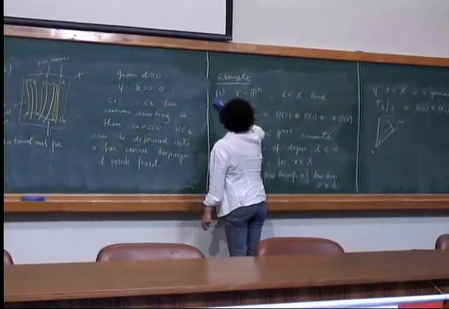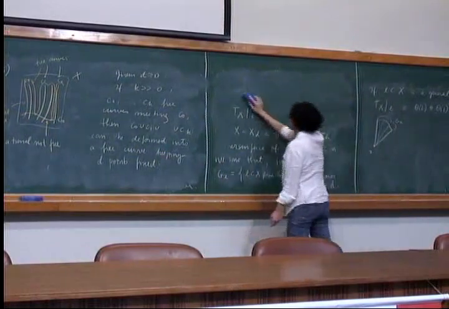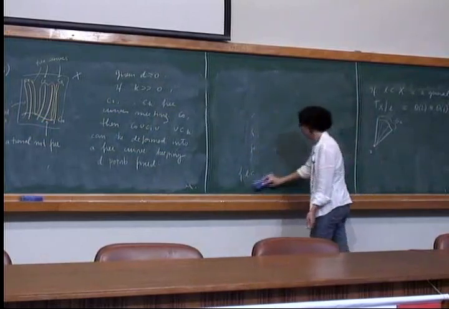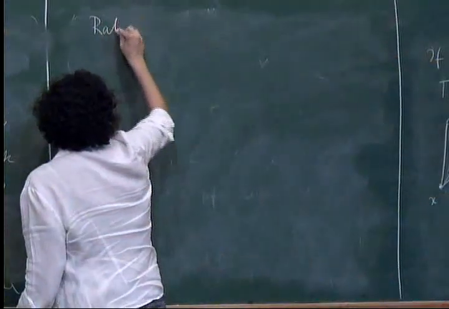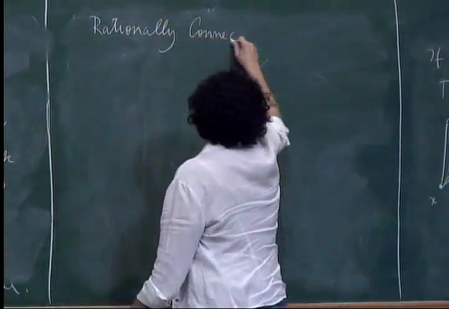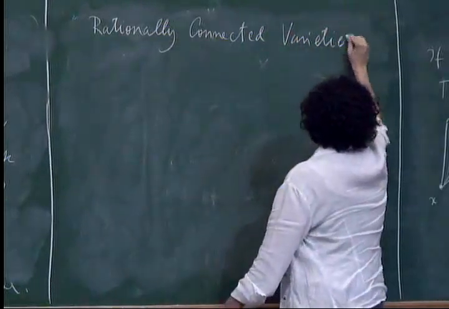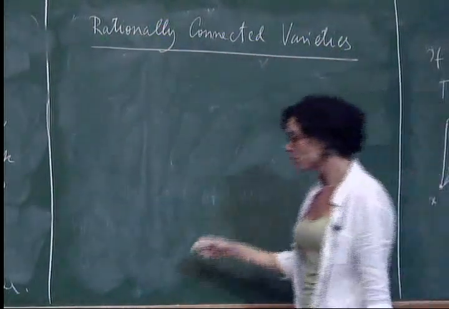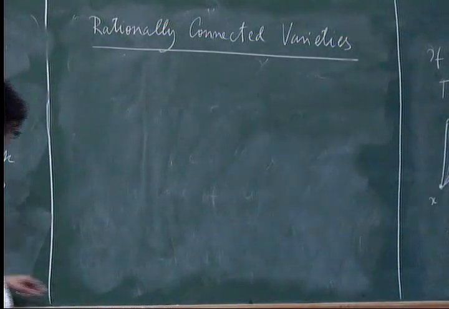Okay, so these are the properties that I wanted to state, and now I will use them to describe finally rationally connected varieties. So finally, let's discuss a bit of rationally connected varieties. Unfortunately, I don't have time to say much about them, but this is an extremely important class of projective varieties.